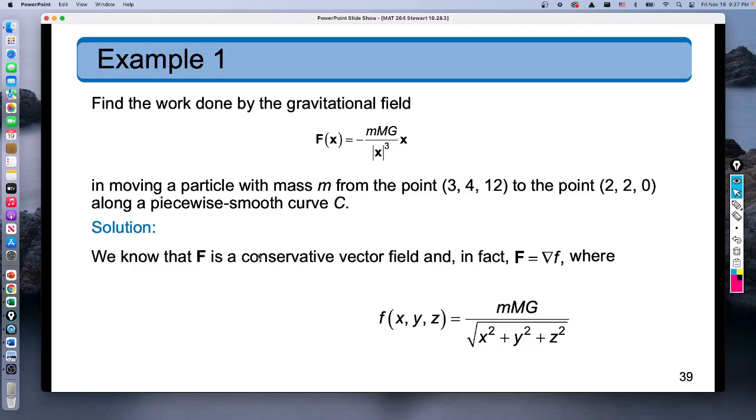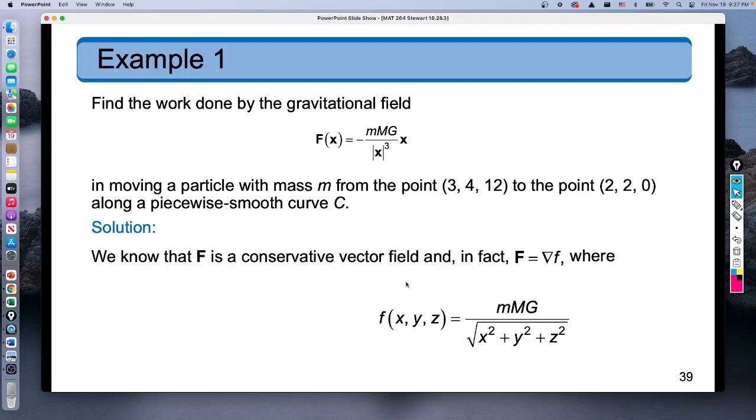So we're going to talk a little bit more about this, but it's a conservative vector field, and in fact this function is equal to the gradient.